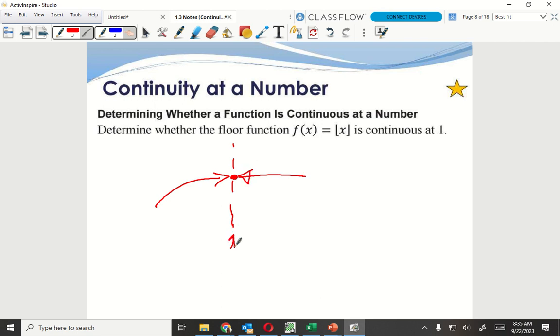That's the number 1, not just a weird dot. So in this case, my left side goes to 0, my right side goes to 1. So is this one going to be continuous at 1? Say no. It's equal at 1. It's a solid dot at 1, but the left side and right side are not going to the same place. I want that point to be continuous, so this one's a no.